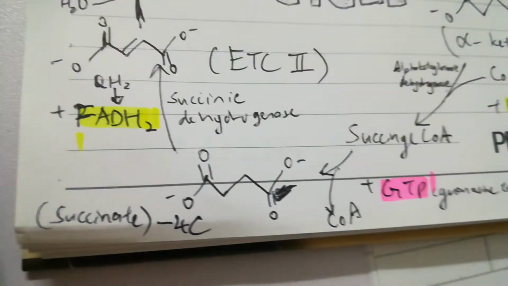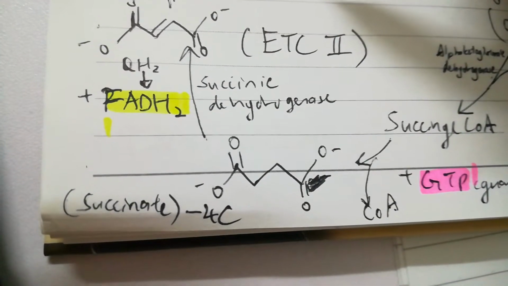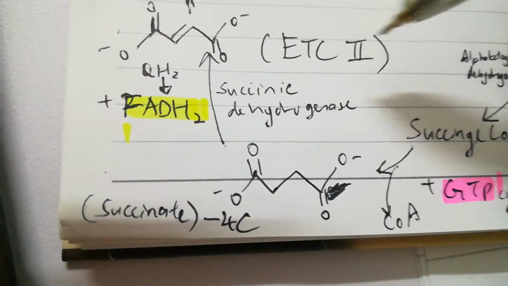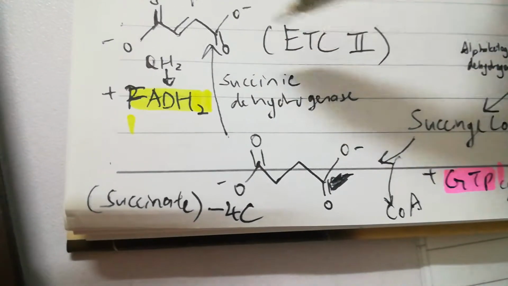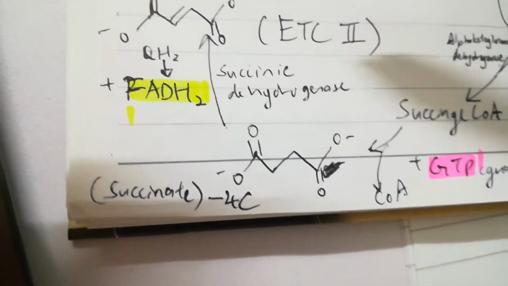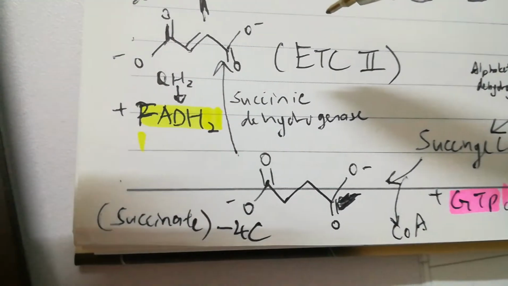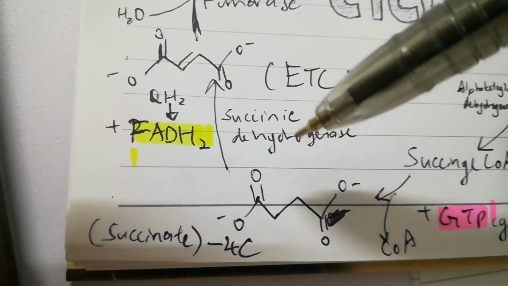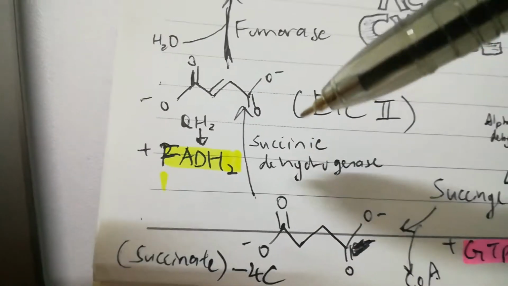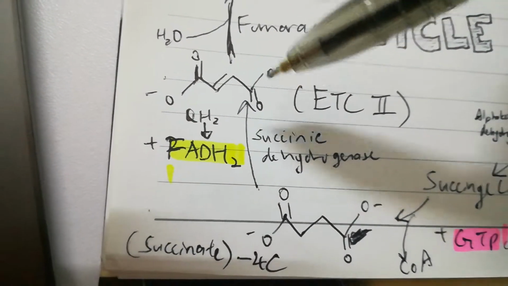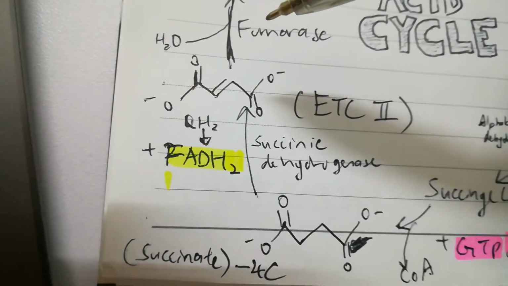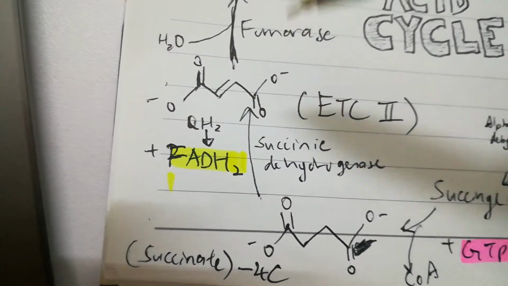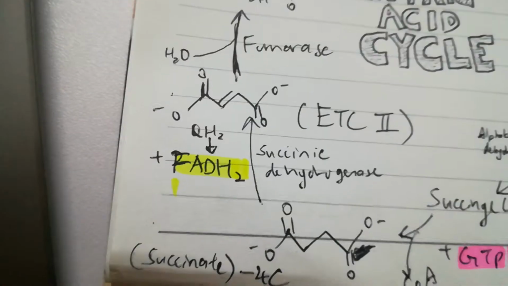Now, here we have succinate, and then succinate goes to this complex called succinate dehydrogenase, or known as electron transport chain 2, and it's converted into, what's the name again?